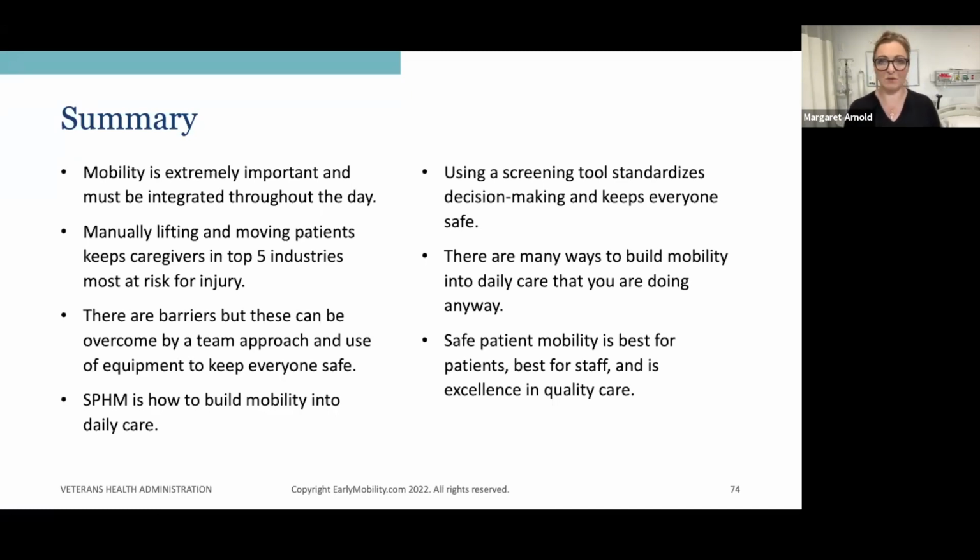Safe patient handling and mobility technology is how we build mobility into daily care. Using a screening tool standardizes decision-making and keeps everybody safe. And we hope you've seen many, many ways that you can build mobility into care that you're already doing anyway. Safe patient mobility is best for patients, best for staff, and is excellence in quality care.